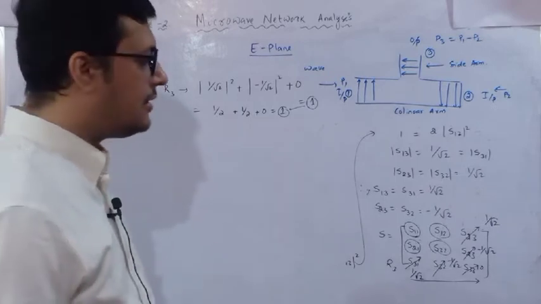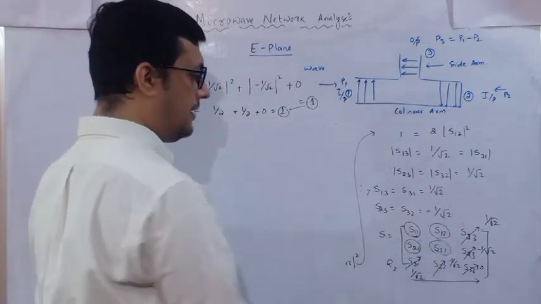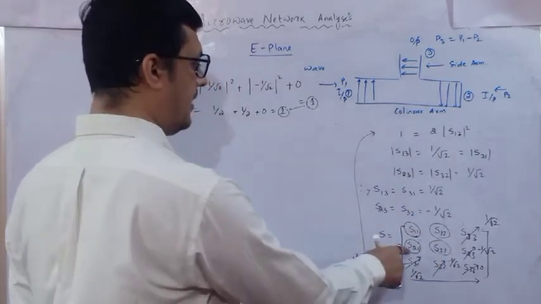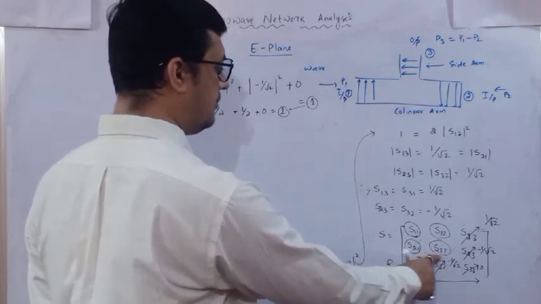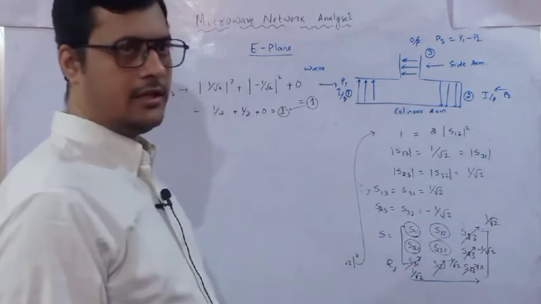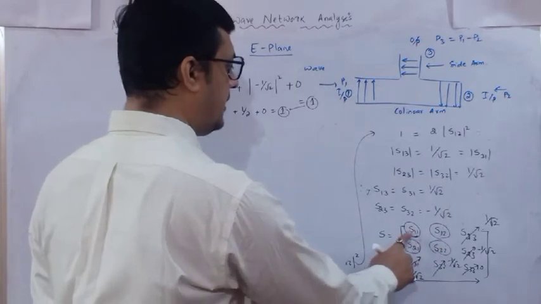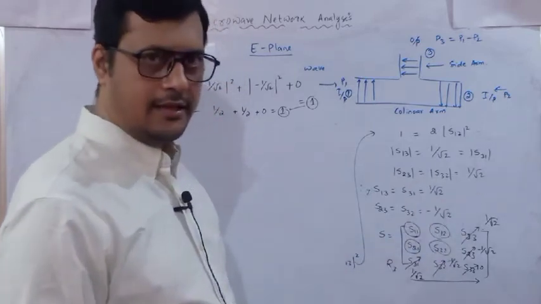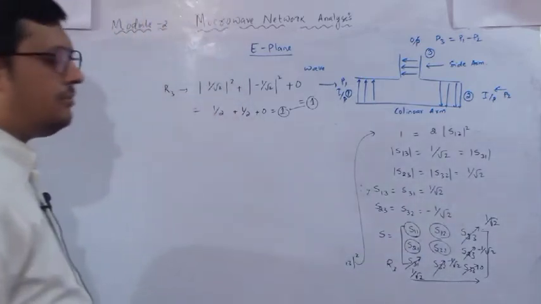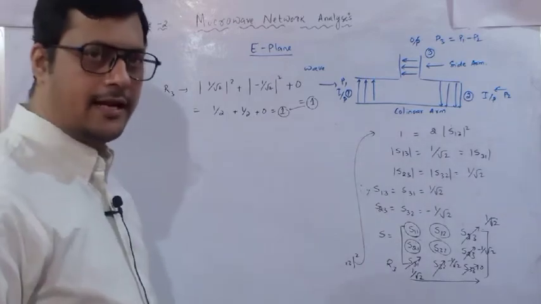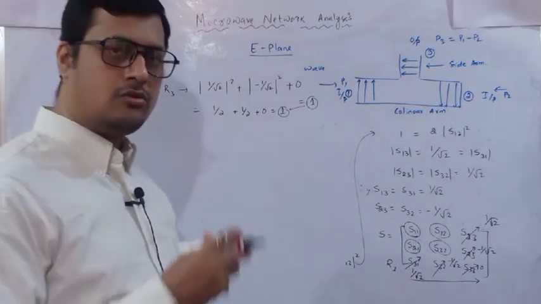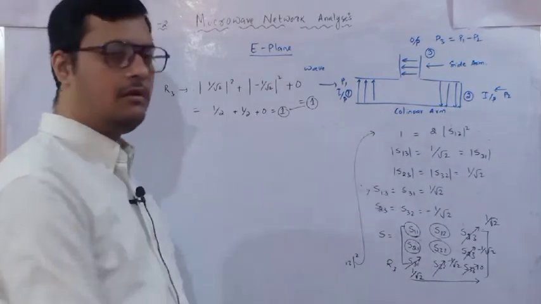Next, what are the unknown factors? Unknown factors are S11, S12 and S22. What should be the combination so that the square terms of those values add up to 1?